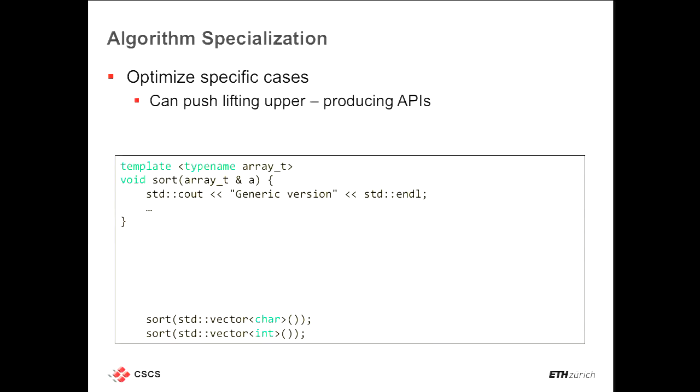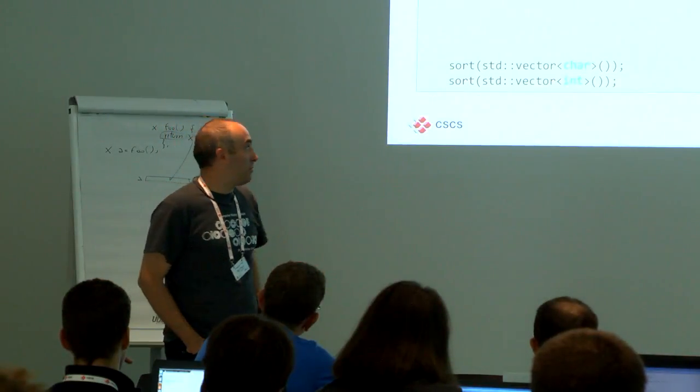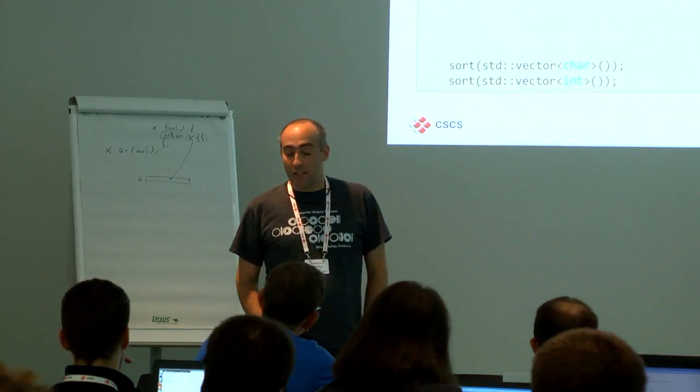But it might not be as efficient, for instance, for sorting a vector of chars. And why is that? The chars is only 8 bits long. If I have 100 million chars, sorting using quicksort or any other comparison-based sorting is not going to be effective. It's better to use something like counting sort, like radix sort, etc.